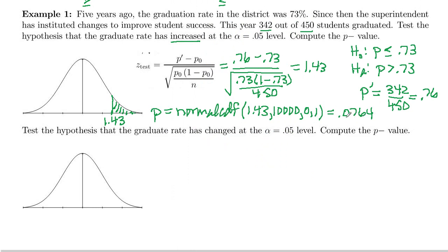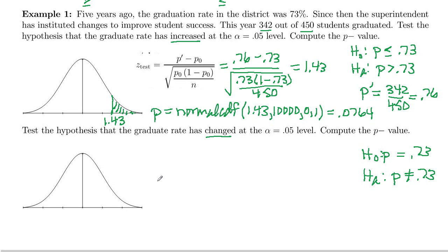So there's our p-value. Now, test the hypothesis that the graduation rate has changed at the alpha 0.05 level. Compute the p-value. The only thing that's going on here is that our H0 is going to be p equals 0.73, and our HA is going to be p is not equal to 0.73. So it's an equal, not equal test instead of a greater than, less than or equal.